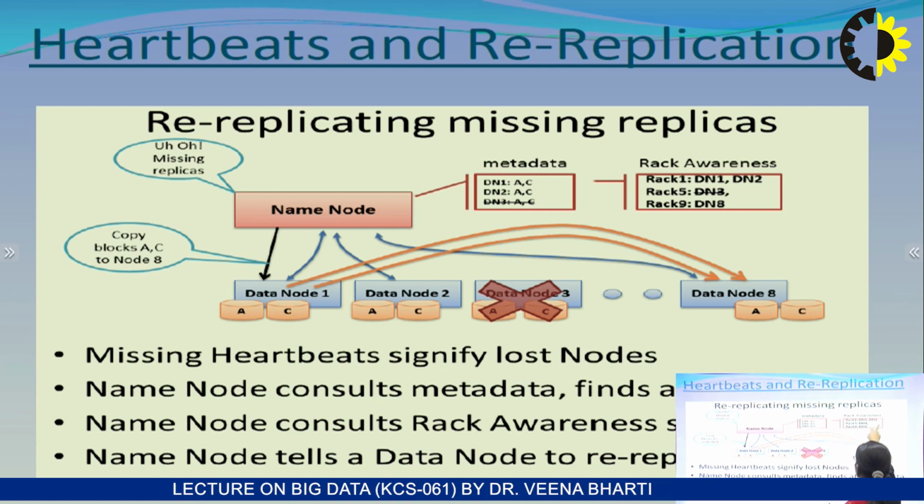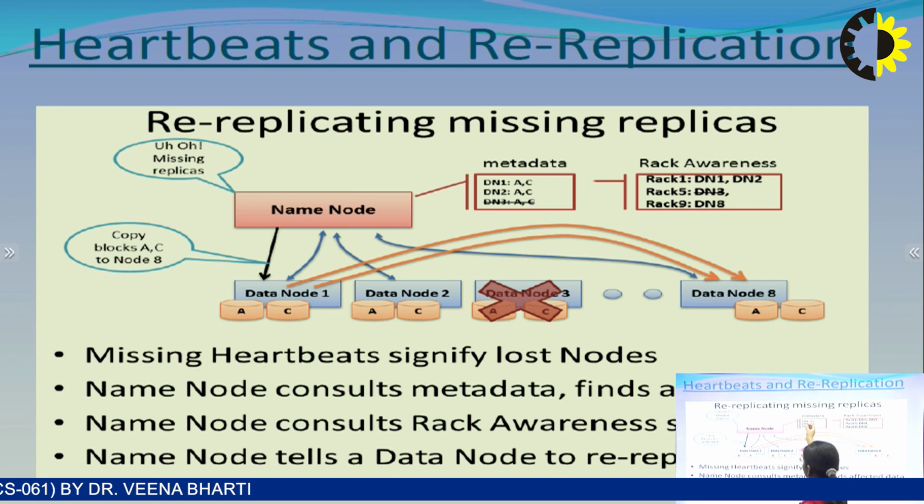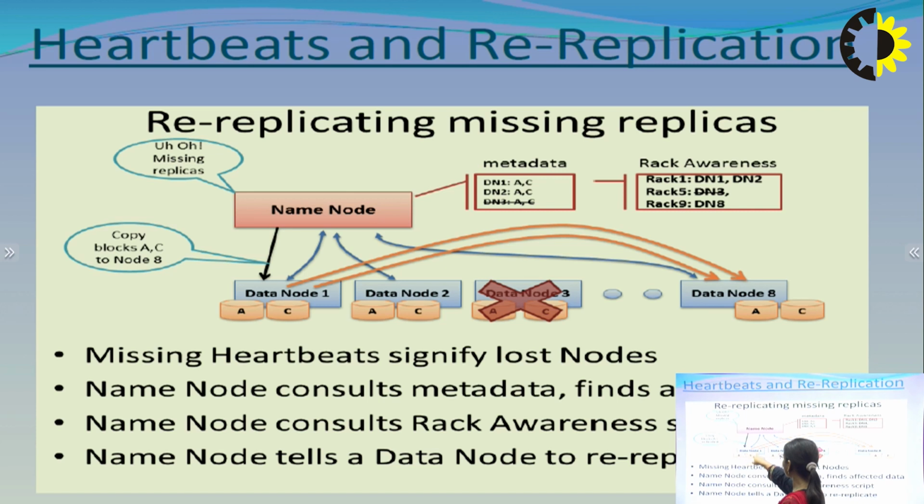And here is the rack awareness. Rack 1 has DN1, DN2, and rack 5 has DN3, which fails. So it sends the information to metadata and metadata sends the information to the name node: copy blocks A and C to data node 8. So the name node sends the data node 2 AC, and this one has failed.